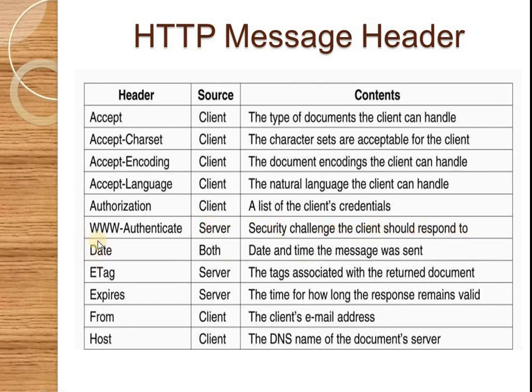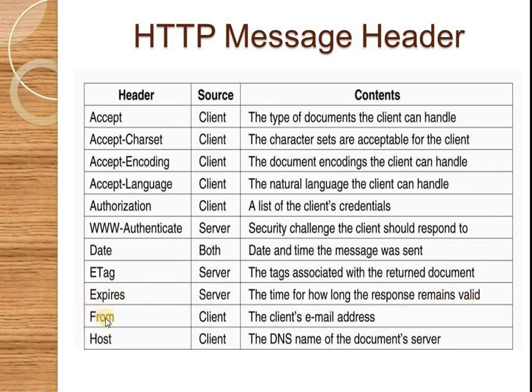Date, the header can be initiated by both client and server, which contains the date and time the message was sent. ETag, which contains the tag associated with the returned document. Expires, the source is server, which contains the time for how long the response remains valid.